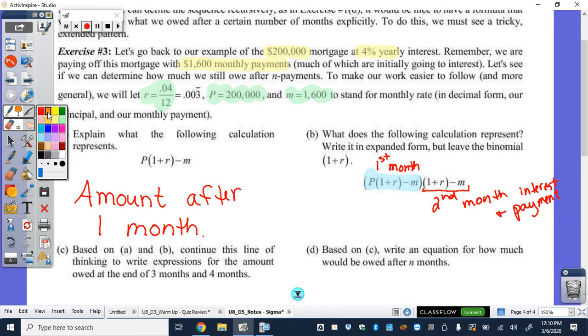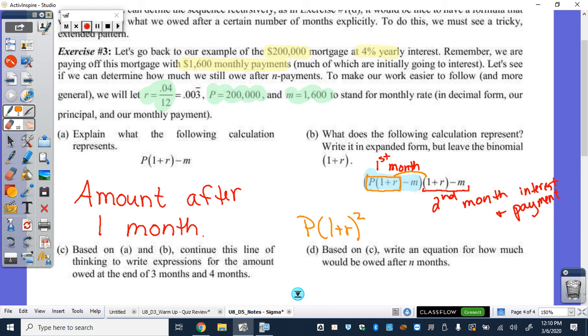So they want us to write this in expanded form, but leave the binomial of 1 plus R. So if I take this, which is all one term, P times the 1 plus R, I would have to multiply it times the 1 plus R. So it would become P times 1 plus R squared, because you have 1 plus R from the first one, times itself again, so it's going to be squared.